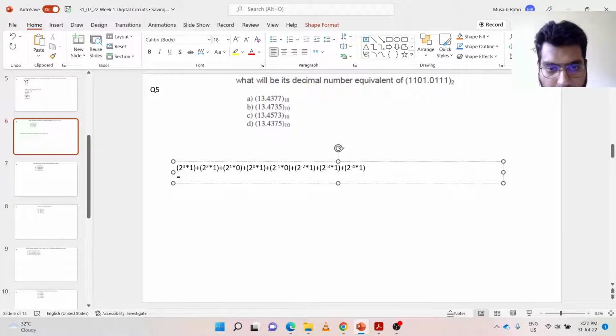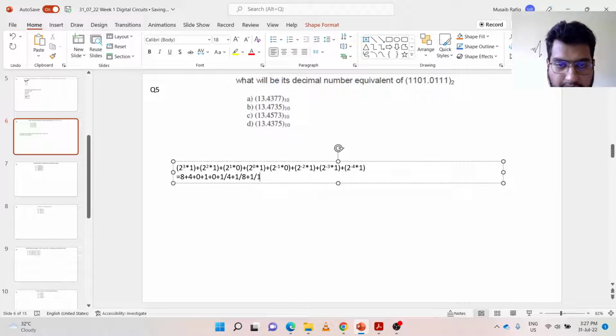So it comes out to be 8 plus 2 to the power 2 is 4, plus multiplied by 0 so it is 0, so it is 8 plus 4 plus 0 plus 1, plus 1 by 2 multiplied by 0, that is 0, plus 1 by 4 plus 1 by 8 and finally 1 by 16.